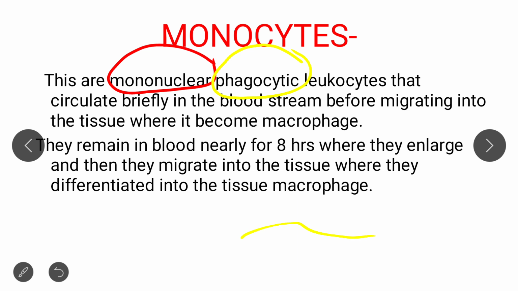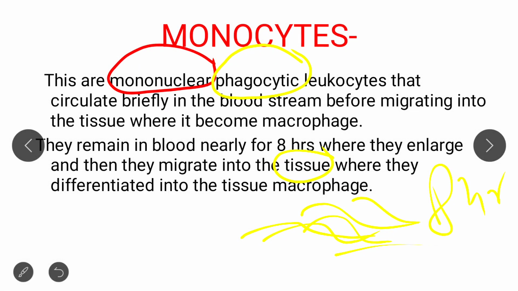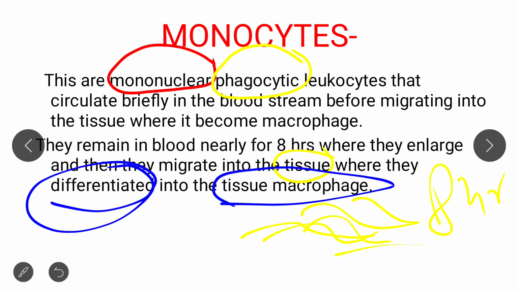They circulate in the bloodstream for about 8 hours. After 8 hours, they enlarge in the bloodstream and migrate to the specific tissue, where they differentiate into tissue macrophages. So monocytes are mononuclear and phagocytic in nature.